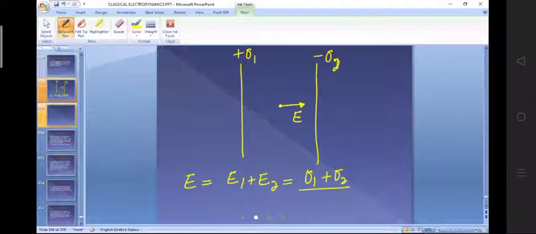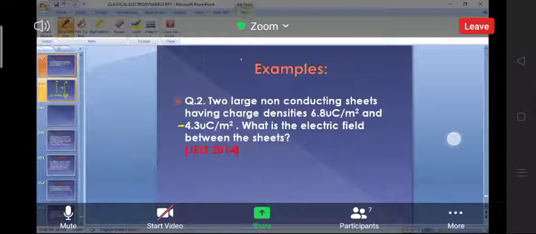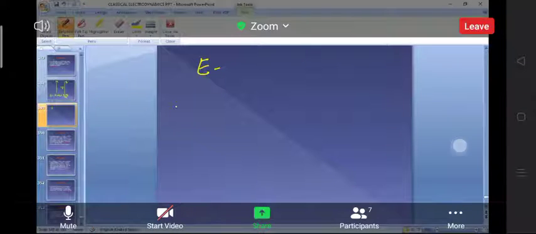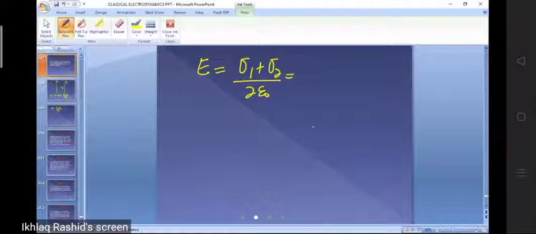Now sigma 1 and sigma 2 are given to you, and you can safely do it yourself. I will simply substitute the magnitudes only. The field E will be equal to sigma 1 plus sigma 2 divided by 2 epsilon naught. Sigma 1 is 6.8 plus 4, these are in microcoulombs per meter squared. Then epsilon naught is 8.85 times 10 to the minus 12, but we take it as 9 times 10 to the minus 12.